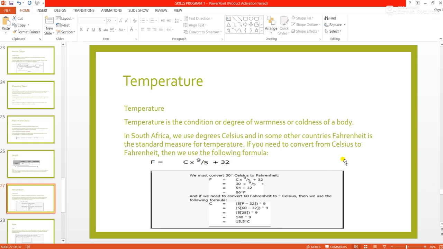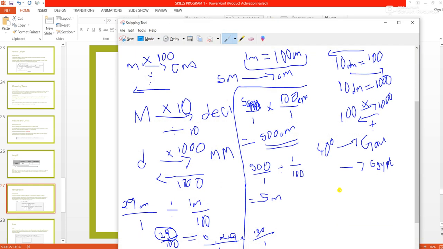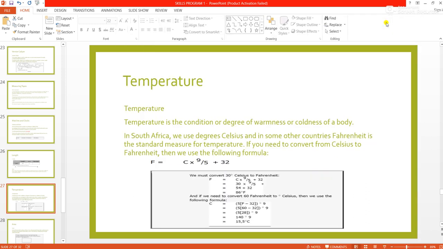So we've got 40. Let's convert. It will be 40 times 9 over 5 plus 32. So in Fahrenheit, it will be 104 Fahrenheit.